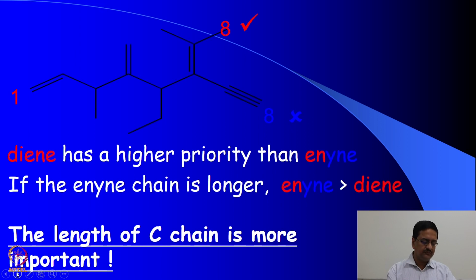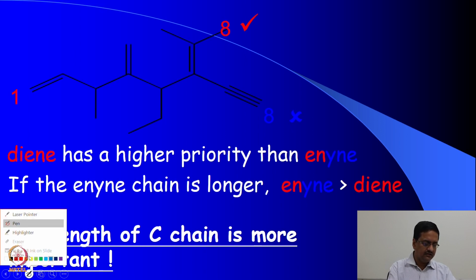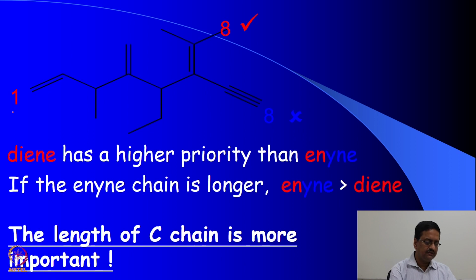So, we should start numbering from the end where the double bond is numbered 1 and the triple bond is numbered the lowest. Now, we can come from this end and write the numbers 1, 2, 3, 4, 5, 6.